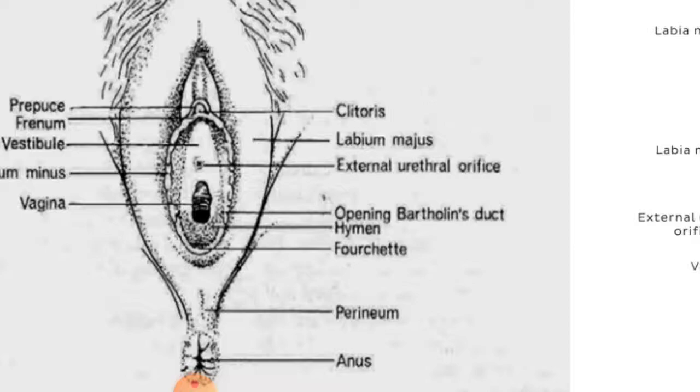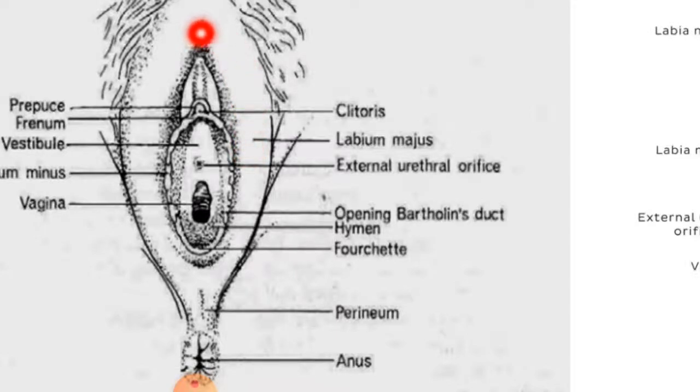So once again, if we summarize the labia majora, this is the part of vulva first of all, and we studied that labia majora consists of two large folds, and these folds consist of skin, fibrous tissue, and fat, and they also contain a numerous number of sebaceous and eccrine sweat glands.